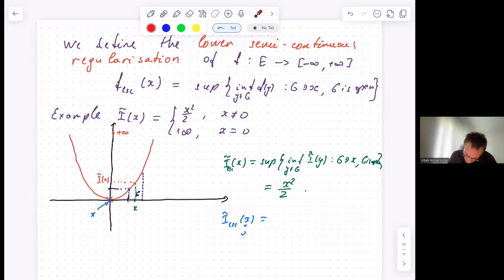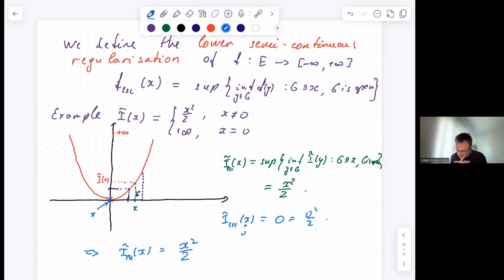Because if you take an open set G, then it contains some neighborhood of x, for instance an interval, but the infimum over that interval is 0. So therefore, the supremum is also equal to 0. So you come to the fact that I tilde of x is x squared divided by 2, because it is 0 squared divided by 2 for all x.